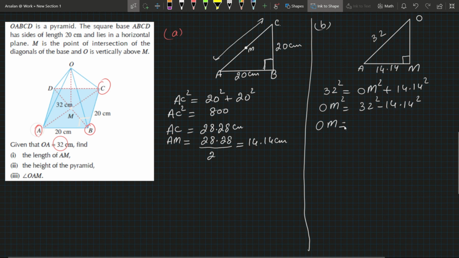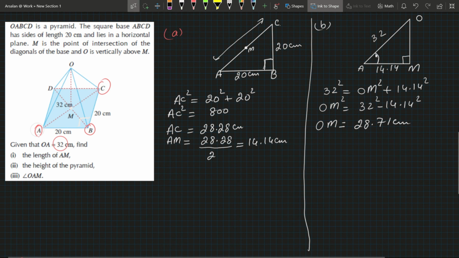So OM is the square root of 32 square minus 14.14 square, and the answer is 28.71 centimeter, right? And then I need to find the OAM angle.